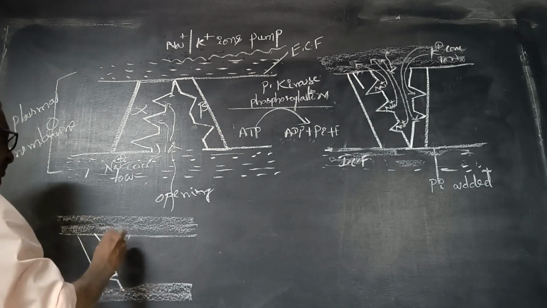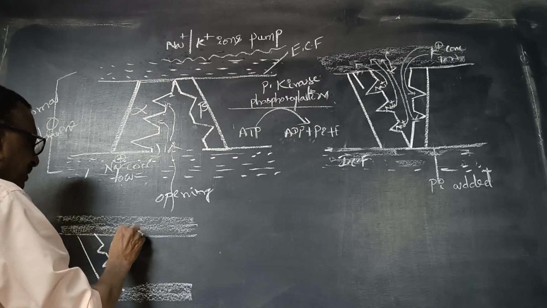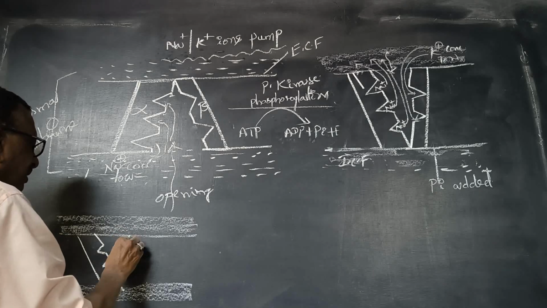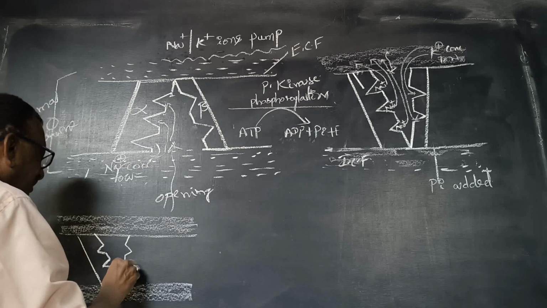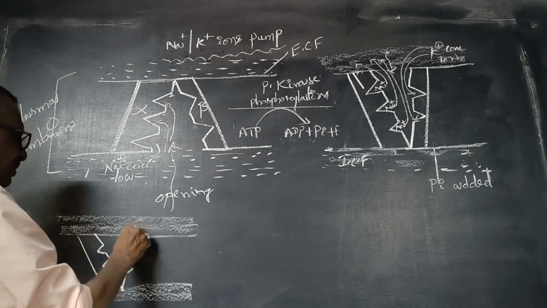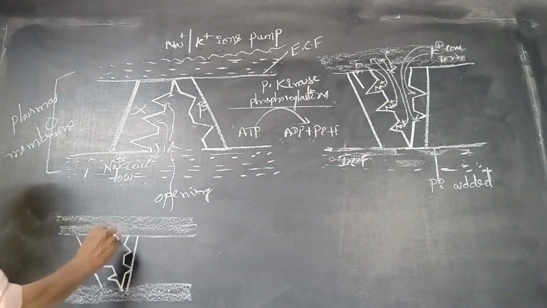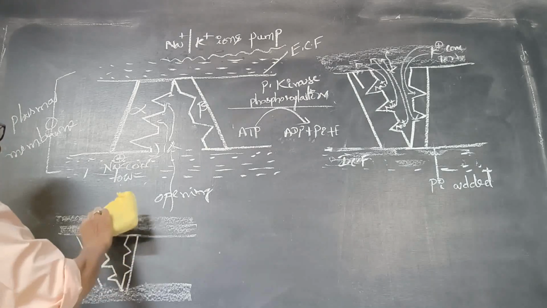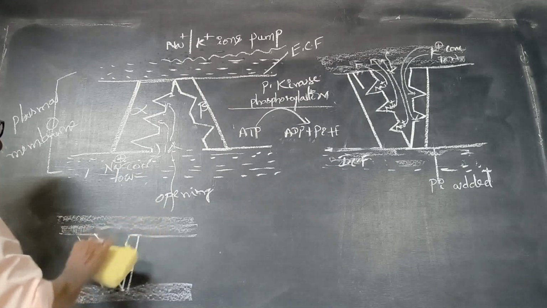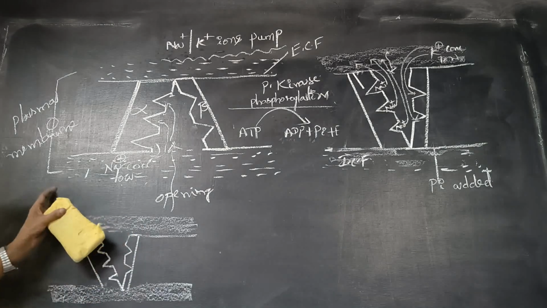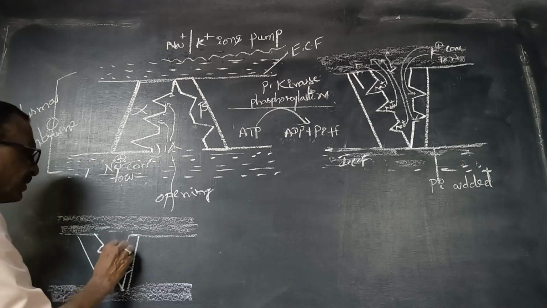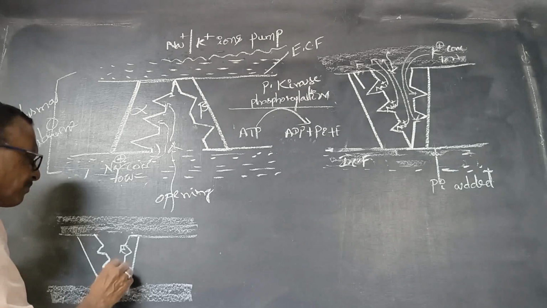So this is beta, and this is beta, and this is O. And sodium ions have escaped, and we have here potassium ions.